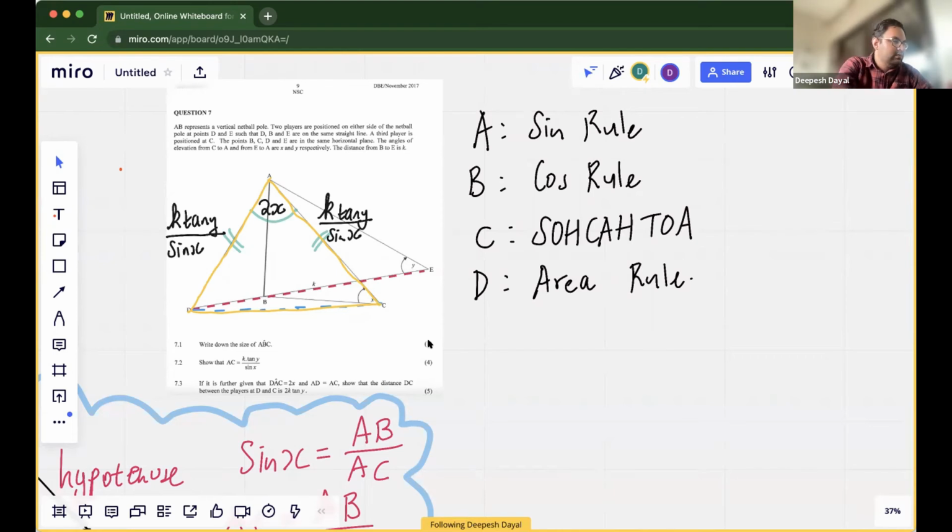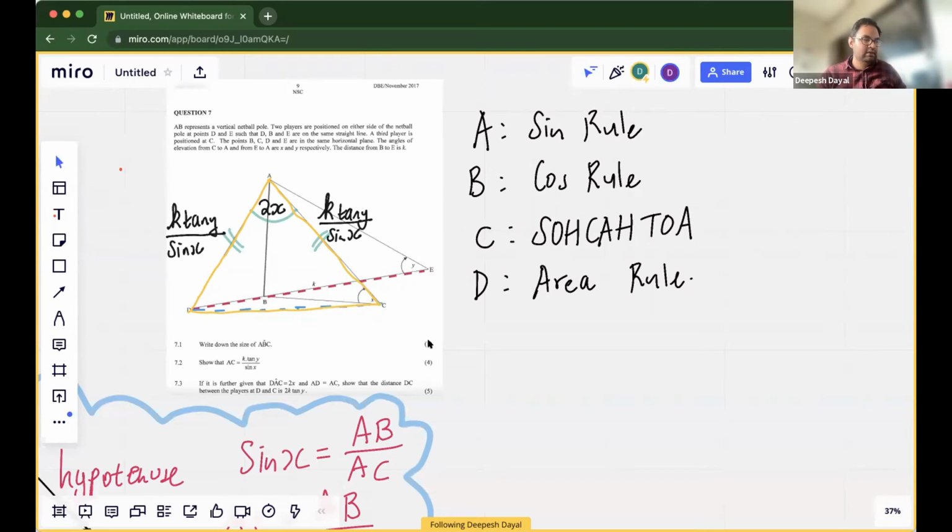Itimelang has said cos rule. Who are the others? Cylindila says we're going to be using the cos rule as well.